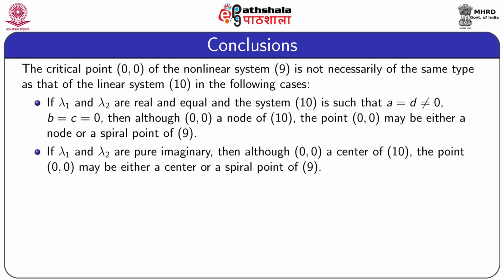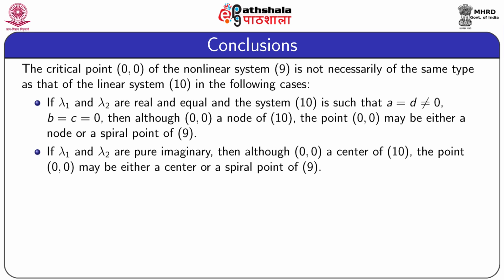In the first case, if lambda 1 and lambda 2 are real and equal and the linear system 10 is such that a = d ≠ 0 and b = c = 0, then we conclude that though (0,0) is a node of the linear system 10, the point (0,0) may be either a node or a spiral point of the nonlinear system 9.